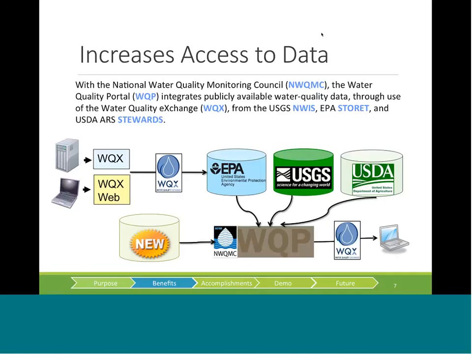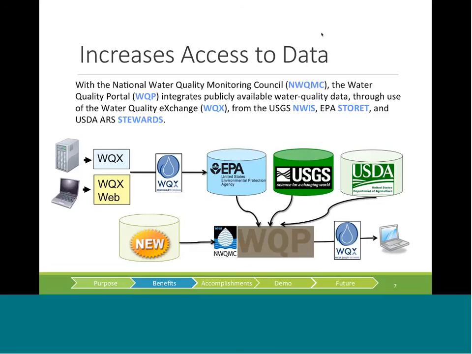So the portal is pulling from 3 main data sources at this point. From the EPA STORET database, which is fed through the Water Quality Exchange using the WQX data standard, from the USGS NWIS database, and also now for about a year, the USDA STEWARDS database.